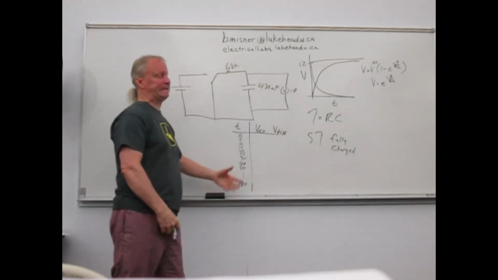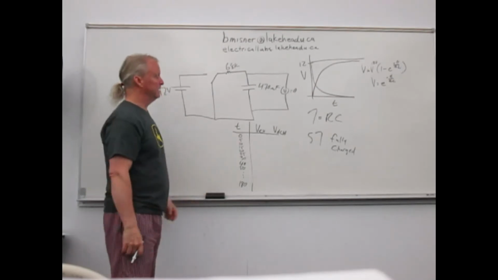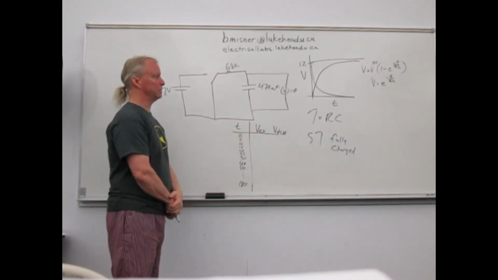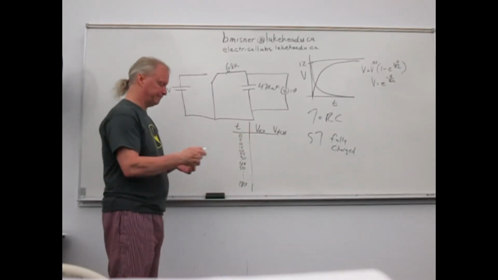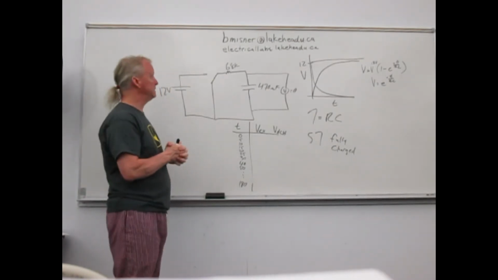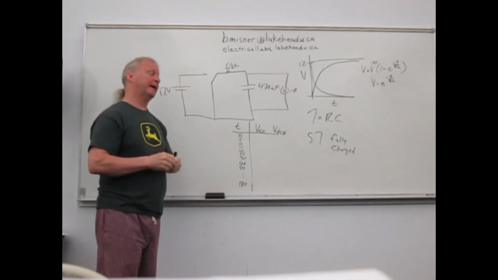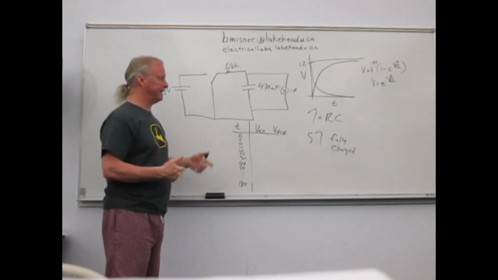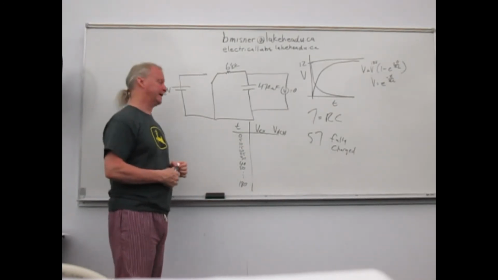This is not DC; it's voltage charge and voltage discharge. That's what we're going to be looking at for lab number 3. I'll meet you in the lab and we'll go through and make the measurements.